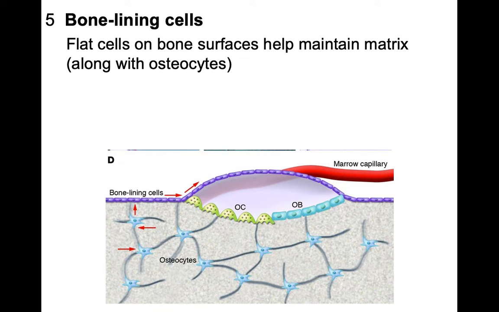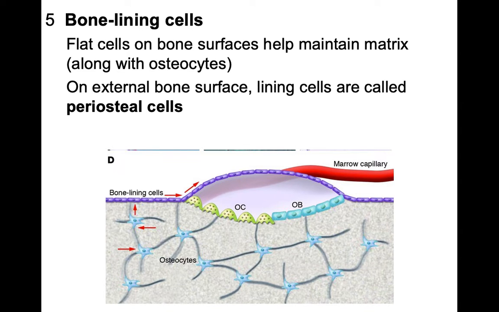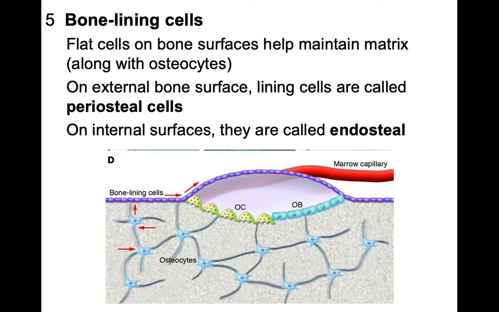Then bone lining cells, these guys kind of just hang out. Flat cells on bone surfaces help maintain matrix along with osteocytes. On the external bone surface, lining cells are called periosteal cells. Depending on what stimulation they get, they can become osteocytes. All right? On internal surfaces, they are called endosteal cells.